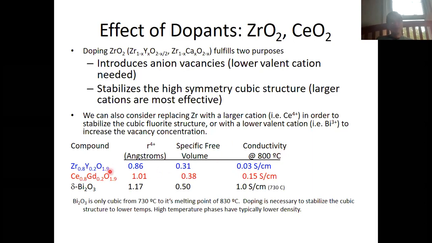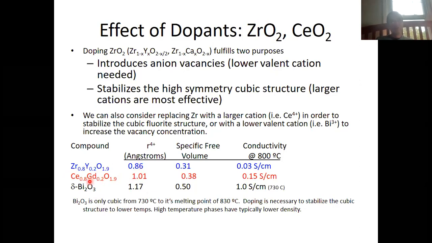Okay, so now we can compare that to a comparable compound, cerium gadolinium oxide. So here we have basically a cerium dioxide-based ion conductor, which also makes the fluorite structure, but now we dope this one with gadolinium 3 plus. So now all of our cations are larger. Okay, so the cerium is larger. It has a radius of 1.01 angstroms, which is larger than that of zirconium.